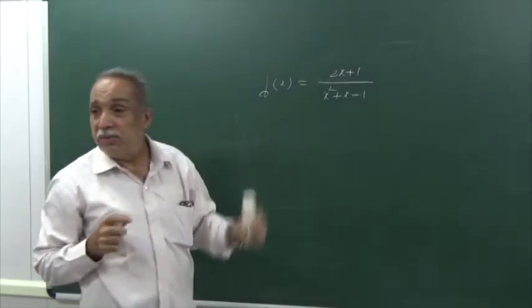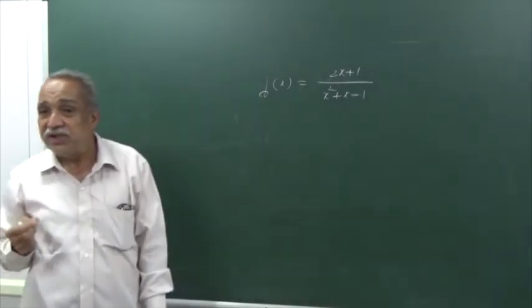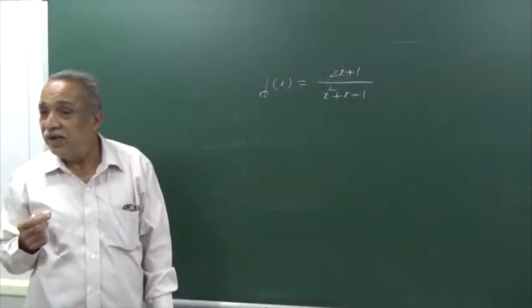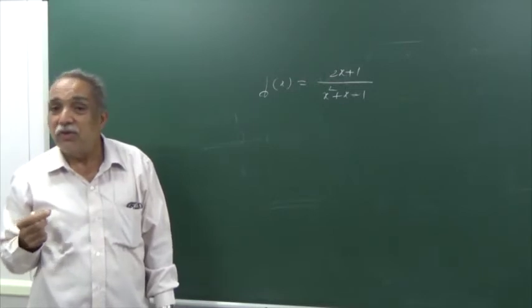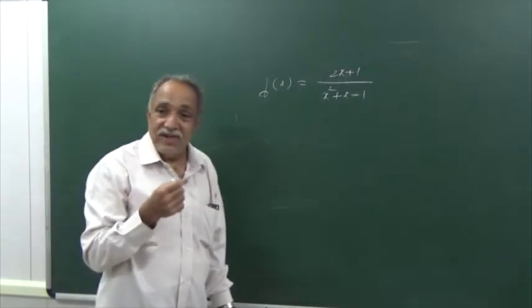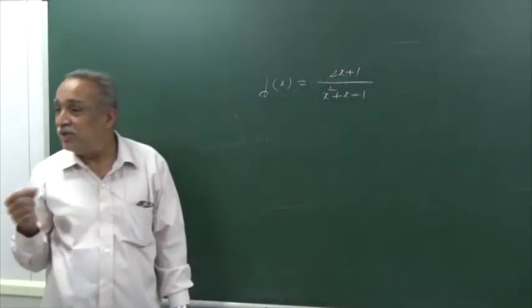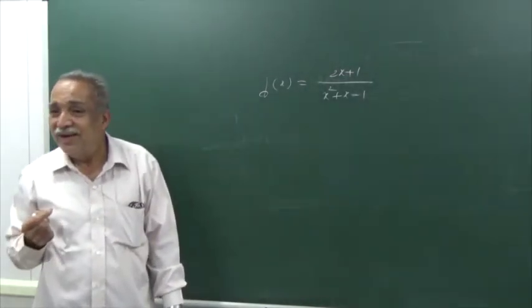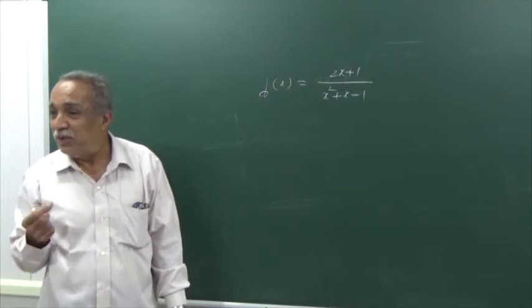Suppose this is the denominator. Will there be any change in the domain of the function? At what point does the denominator vanish? Does there exist an x such that x square plus x minus 1 equal to 0? What is the discriminant now?